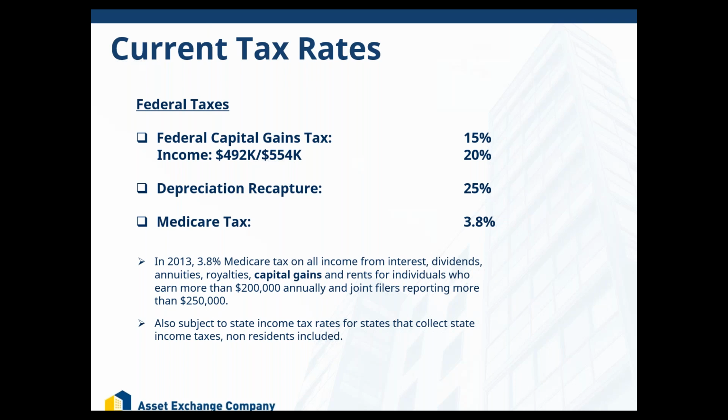Now, we did another exchange for a lady. She was another Florida resident. She was selling property, I believe it was in Maryland. Now, Maryland has state taxes. Good news for her, she was doing a 1031 exchange. So the way she was able to get out of having to pay those state of Maryland taxes was she had to complete the state of Maryland form. I think we even had to sign off on it.